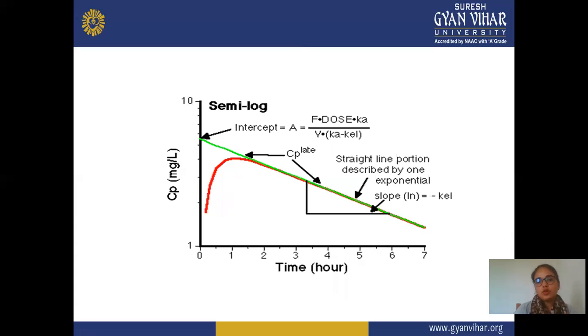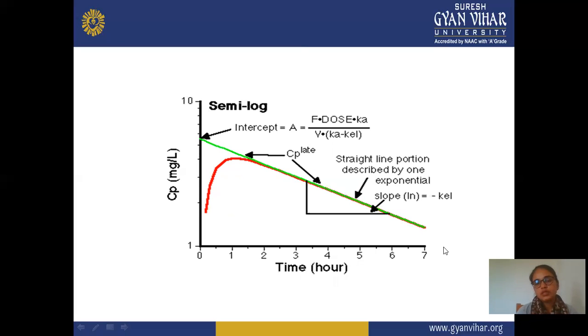This is a semi-log plot again. In this, time versus plasma concentration, time is in hours and plasma concentration is in mg per ml. We draw the graph, and a curve is observed for the increasing concentration, and after that it starts to decline.